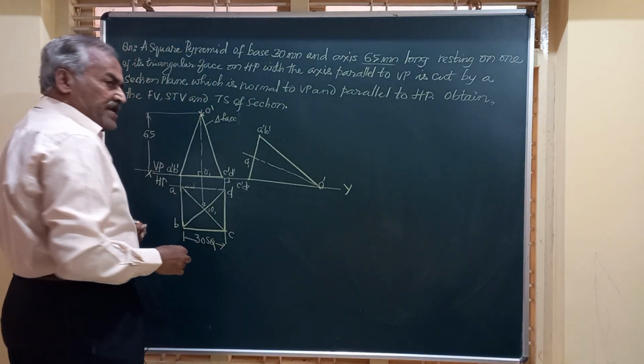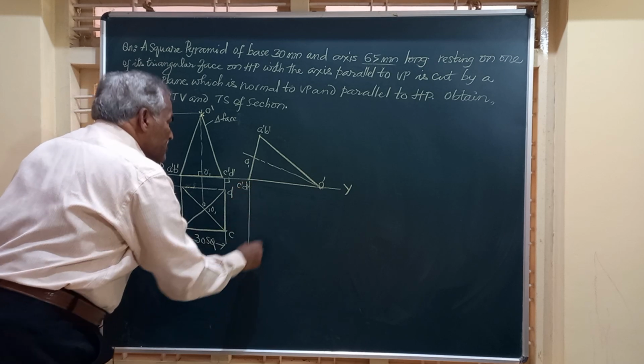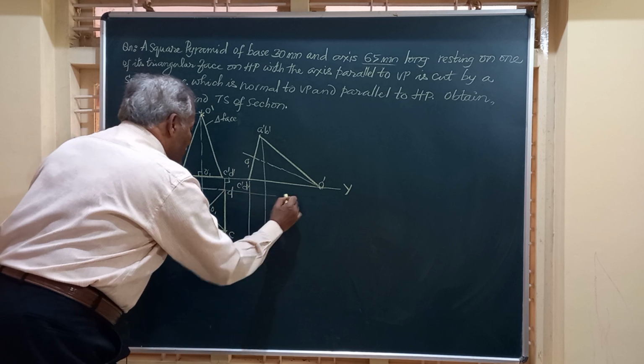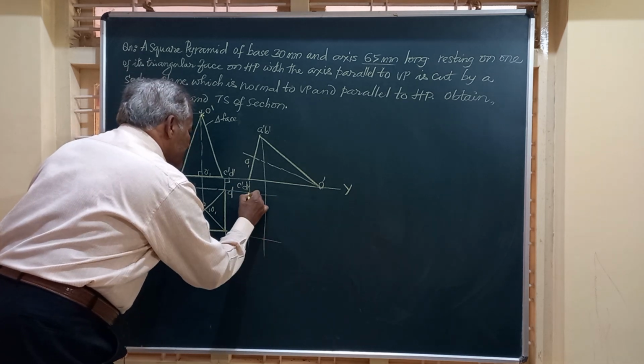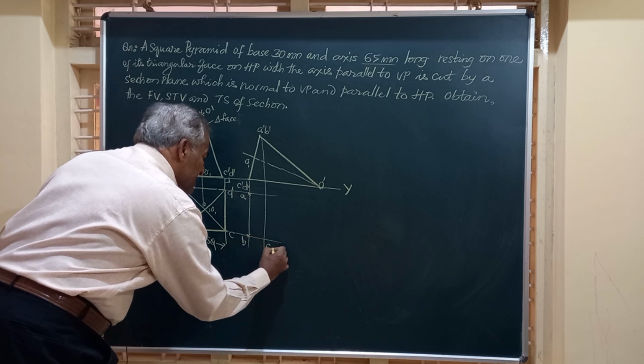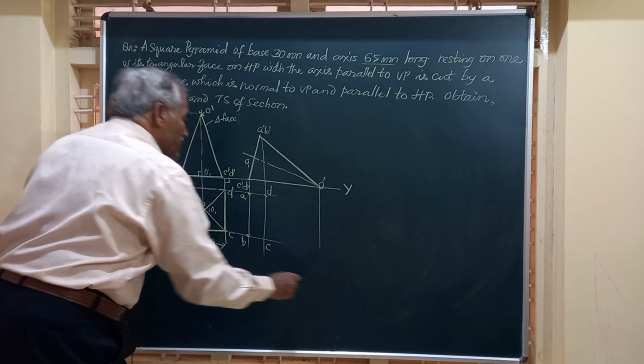Friends, we have to obtain the so-called top view for this. So we'll just write lines from all these. Obtain the base. Base is again A, B, C, D. AB will be 30. This is C comma D. And we have this O, the vertex.